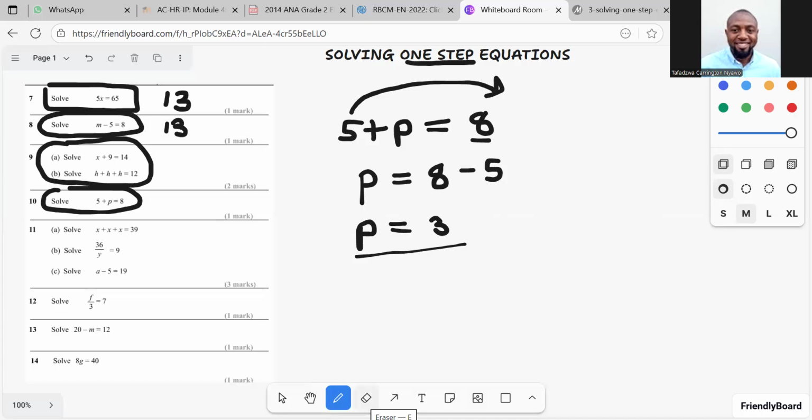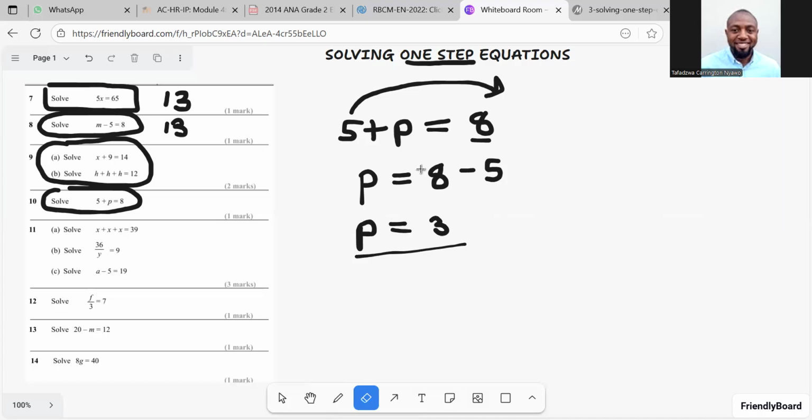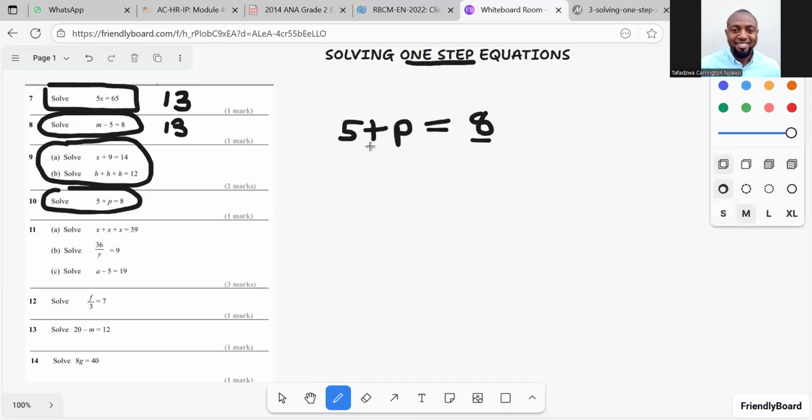Somebody will say, what if you want to apply the other method? How would you do it? Simple. The operation here is a plus, so I need to apply the inverse operation of addition, which is subtraction.